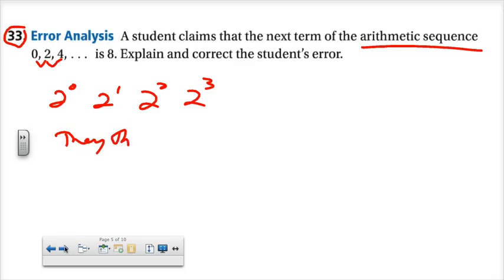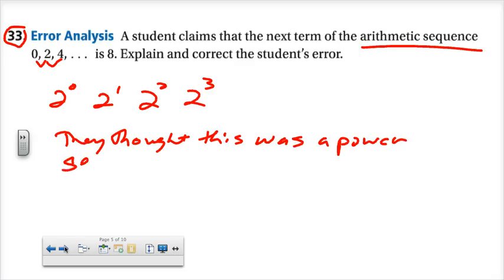They thought this was a power sequence. But it is arithmetic.